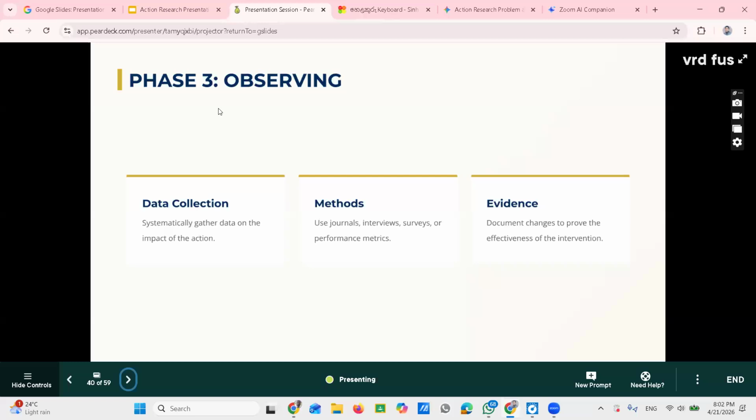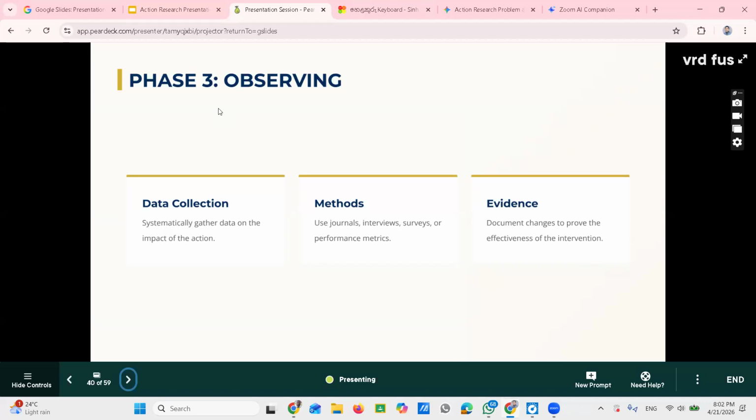You can observe the documents completed through the activities. You can use these methods to collect the data. Again, you need some evidence to prove the effectiveness of the intervention.